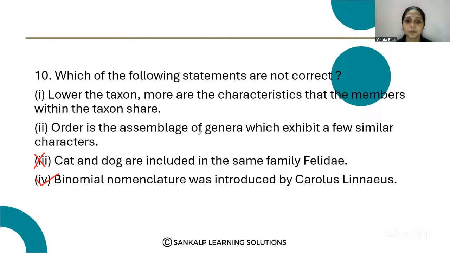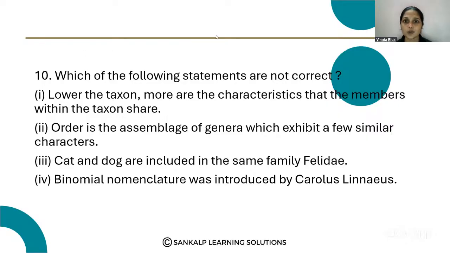Order is the assemblage of genera which exhibit a few similar characters. So is it assemblage of genera, order? Here, order, is it the assemblage of genera? Yes, so that is the correct one, right? Lower the taxon, more are the characteristics that the members within the taxon share.